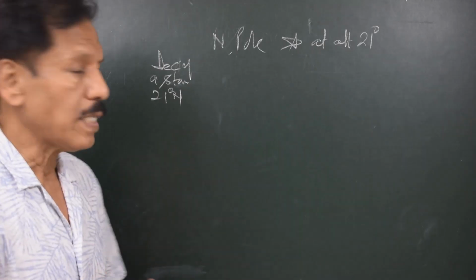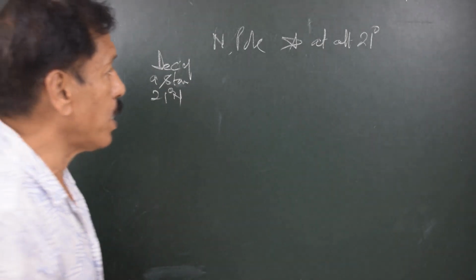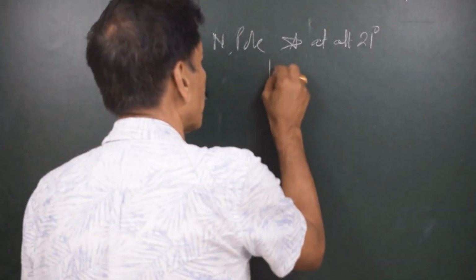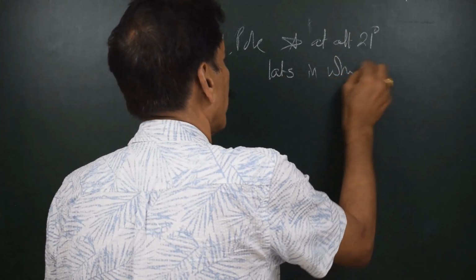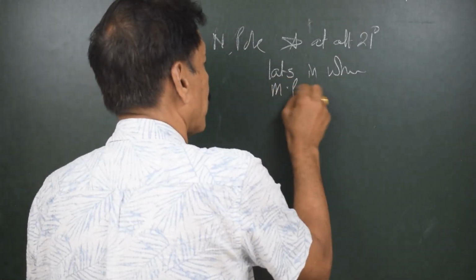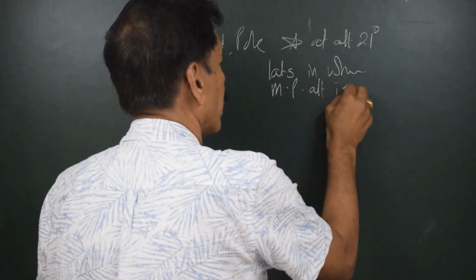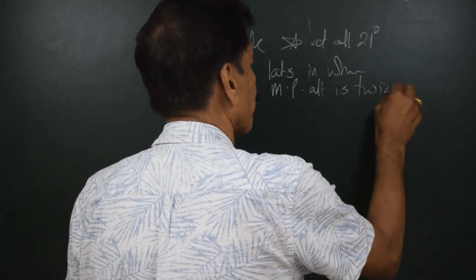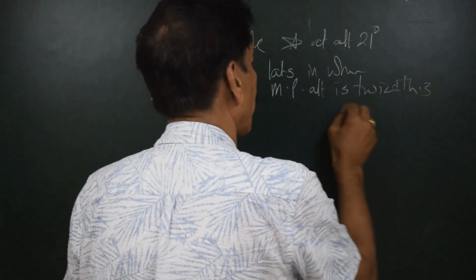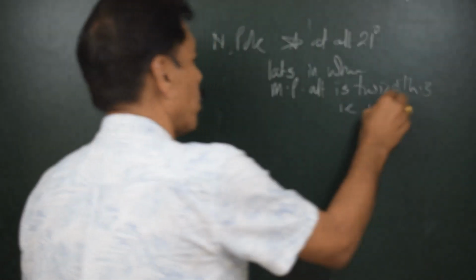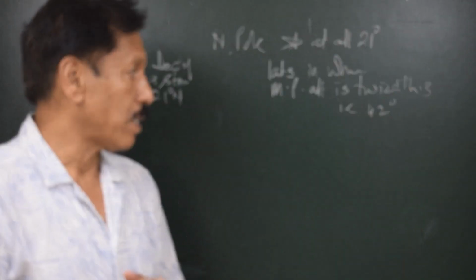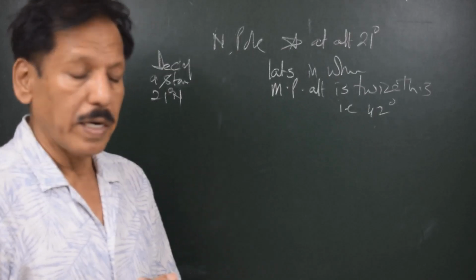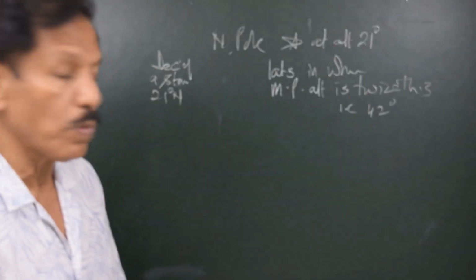Now the question that is asked is, what are the latitudes in which the meridian passage altitude is twice this? That means 42 degrees. The altitude at the time of meridian passage, as you know, is the maximum, and it is 42 degrees. The maximum altitude is 42 degrees.